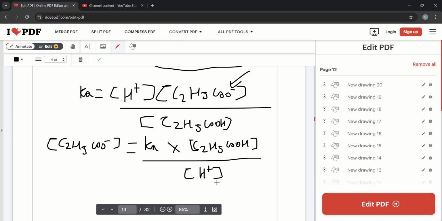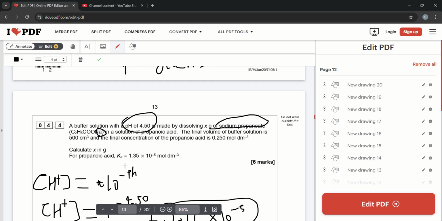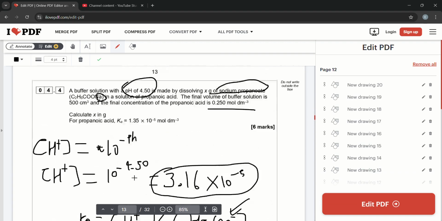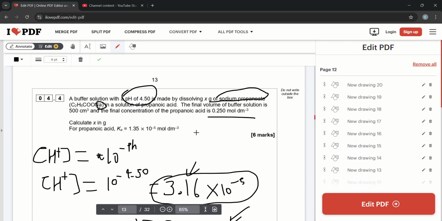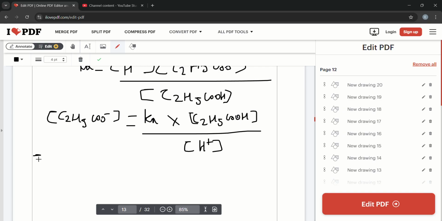Do we have C2H5COOH? Yes, we do. Do we have H plus? Yes, we just worked it out. And do we have Ka? Yep. So we can just substitute the values in.